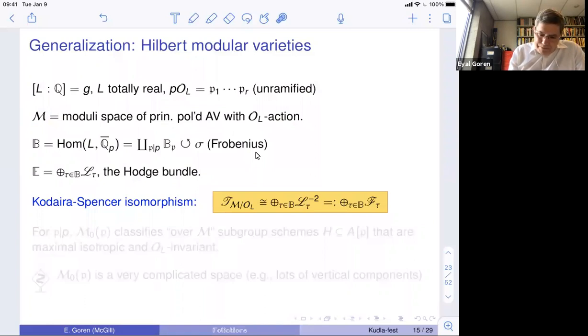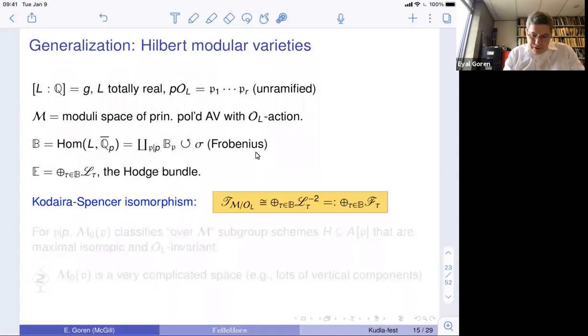And as a notation, I'm going to look at all the embeddings of L into QP bar. This set decomposes into a disjoint union according to the primes P dividing P in OL. So every such subset I'm going to call B sub P, and Frobenius acts transitively on each such subset.